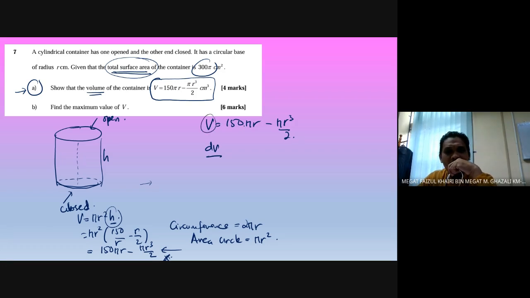What is the other variable on the right side? R, good. So dV/dr equals 150 pi, r to the power of 1, so 150 pi, minus 1 over 2 times the derivative of r cube, 3 pi r squared.